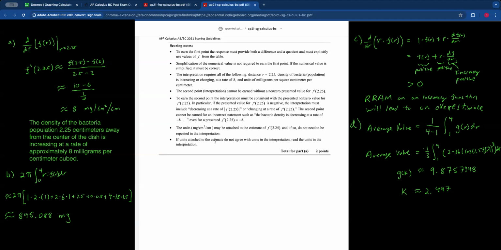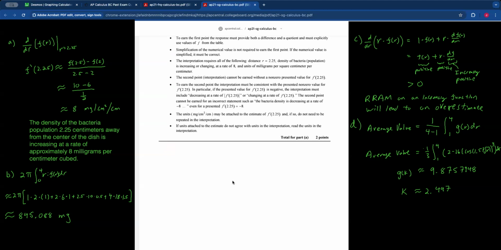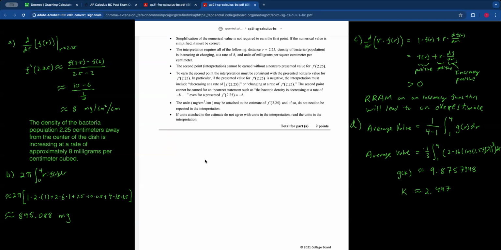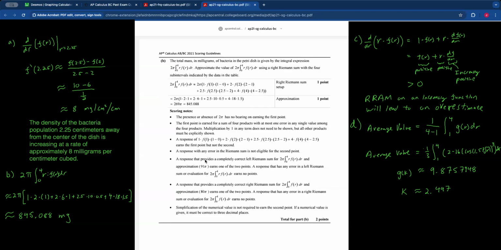If the units attached to the estimate do not agree with the units in the interpretation, they read the units in the interpretation. So if you interpret it incorrectly, it doesn't matter if you got it correct up here, they're going to mark you wrong. So apparently that's dangerous. I would still interpret it both ways, but just double check that you get it correct in your actual written response. All right, so that's not too bad.